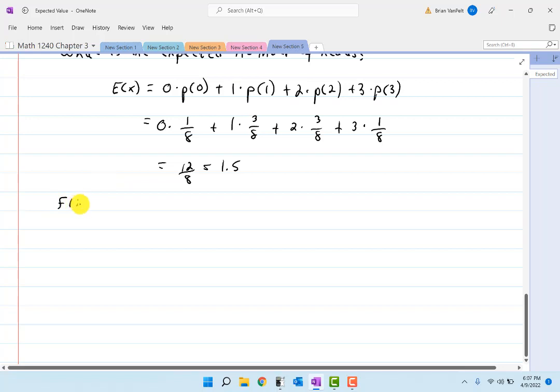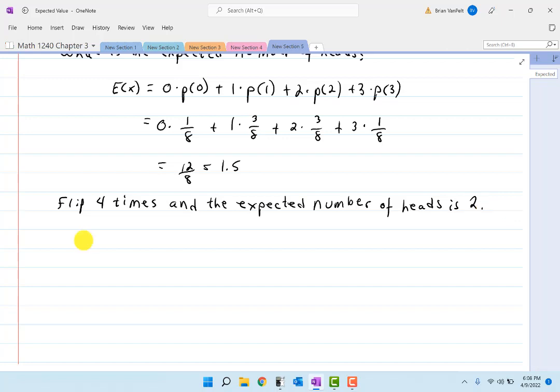Flip 4 times, and the expected number of heads is 2. So really, we're just taking the number of flips and dividing by 2.